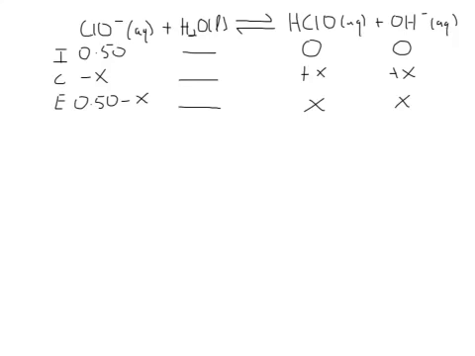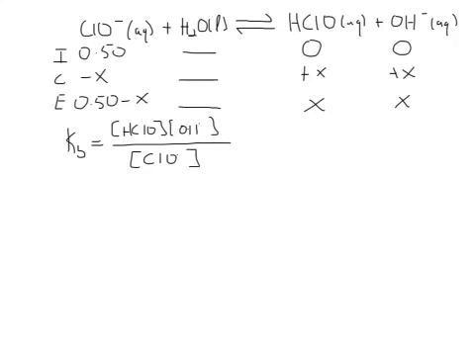Alright, so I need to plug this into my equilibrium constant expression. In this case, Kb is equal to HClO times OH minus over ClO-. Now, we need the Kb for ClO-. This is probably not given in the textbook.